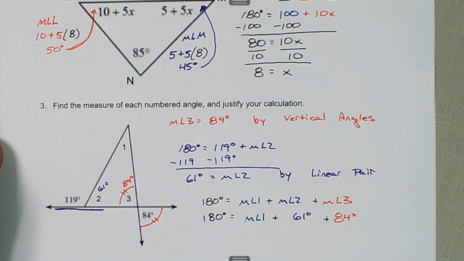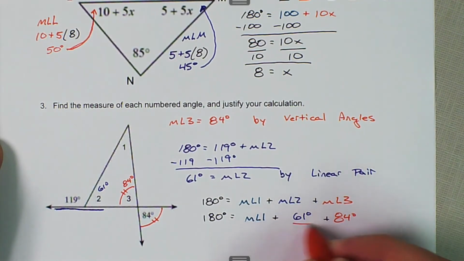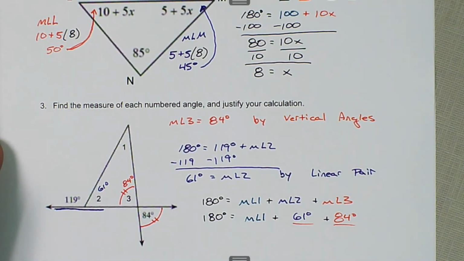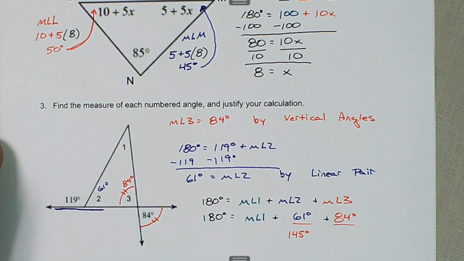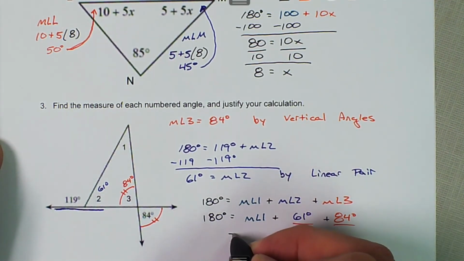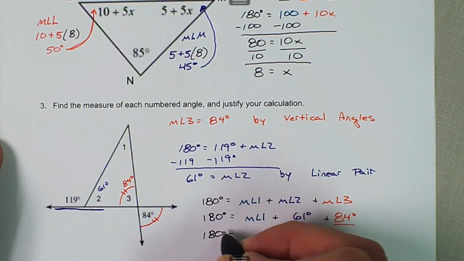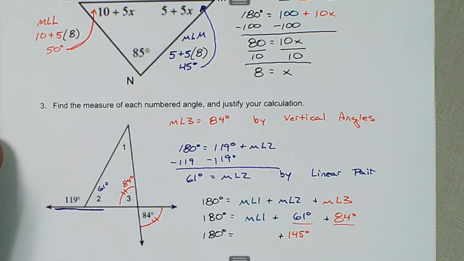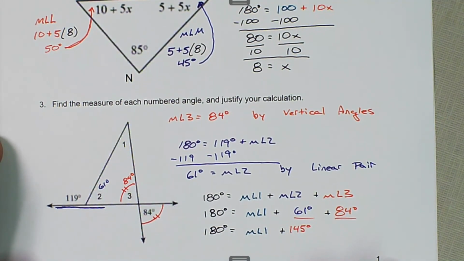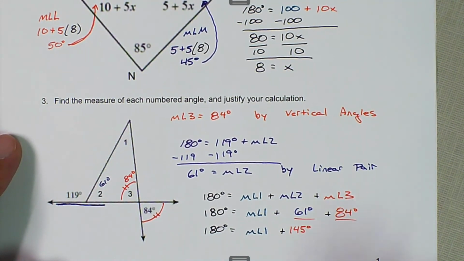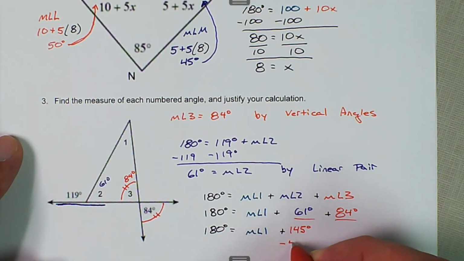We can combine our like terms. So 61 plus 84, and we get 145. And we're still going to add that to our measure of angle 1. And we'll subtract 145 from both sides.